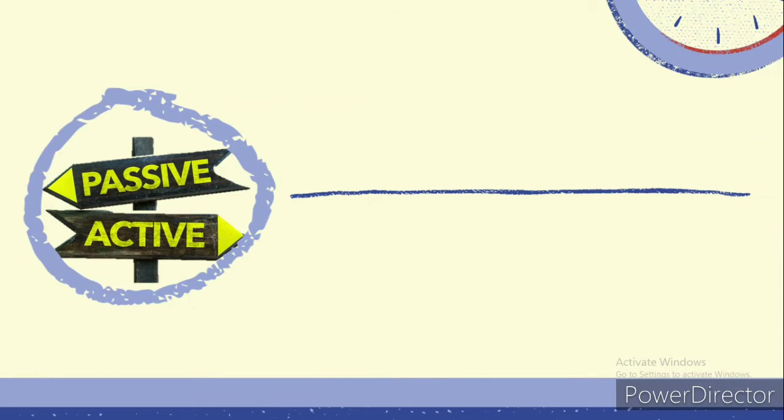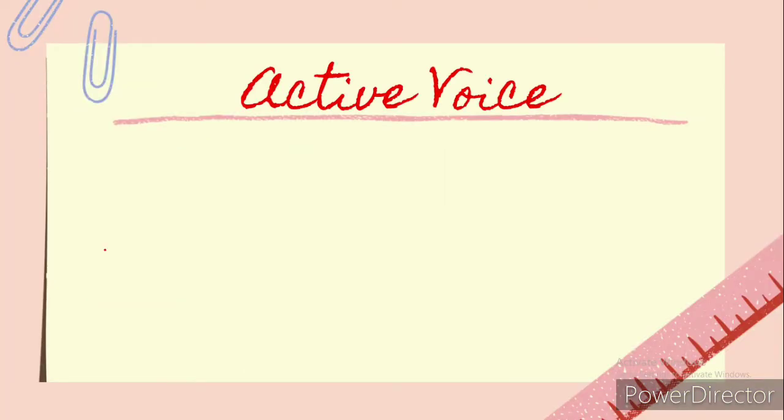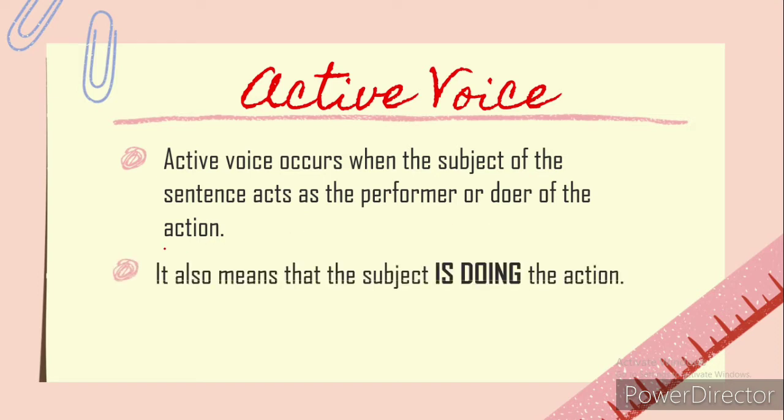Now, it's time for concepts and definitions. Let us start with the active voice. Active voice occurs when the subject of the sentence acts as the performer or doer of the action. It also means that the subject is doing the action, and it has an active subject.